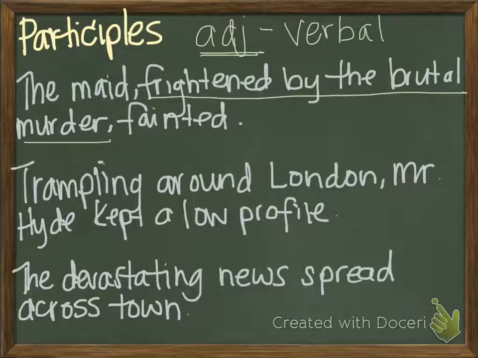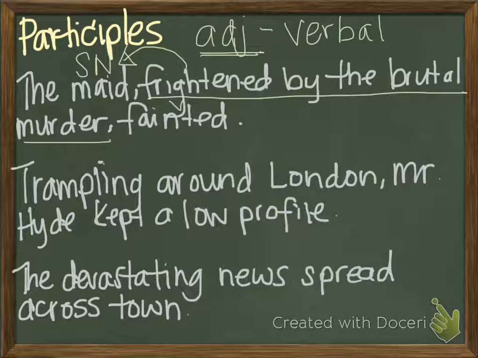Frightened is not the verb in the sentence. Fainted is. The maid's the subject and fainted is the verb. Frightened is a participle that's describing the maid, and the participle phrase is the entire thing, frightened by the brutal murder. So here you would draw an arrow to maid because that participle phrase is modifying her.